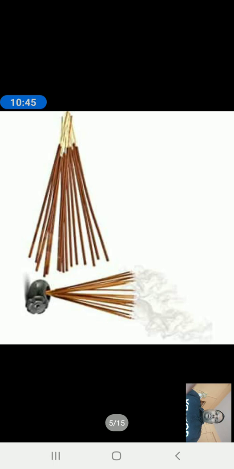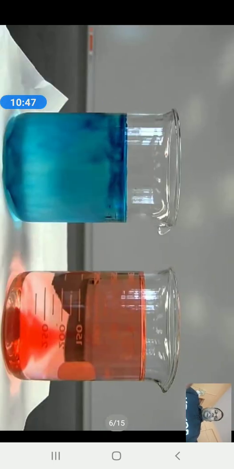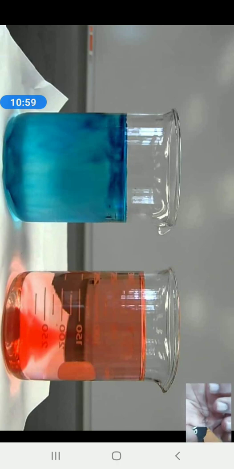Now see, we will discuss what is next. You are observing this: if you put a drop of ink in, suppose, a 250 ml beaker, then see how it diffuses. Blue ink, and here red ink, diffusion. If you increase the temperature, then the rate of diffusion will also increase. Understood?